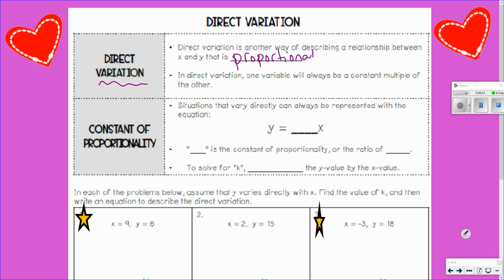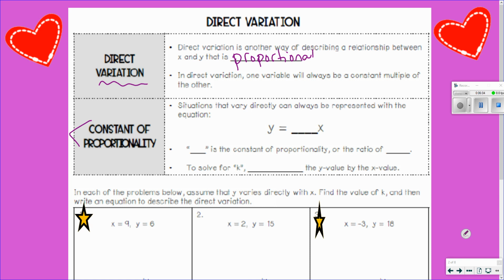So direct variation is when we have relationships that are proportional. In direct variation, one variable will always be a constant multiple of the other. Okay, that's kind of what I just said with the Kool-Aid, right? Constant of proportionality. Now, this is something that we learned last year. Give me a thumbs up if you actually remember what it is.